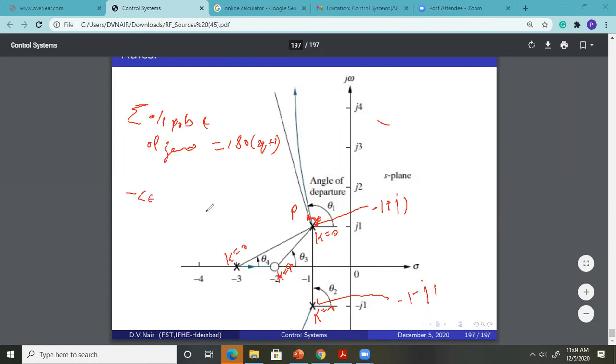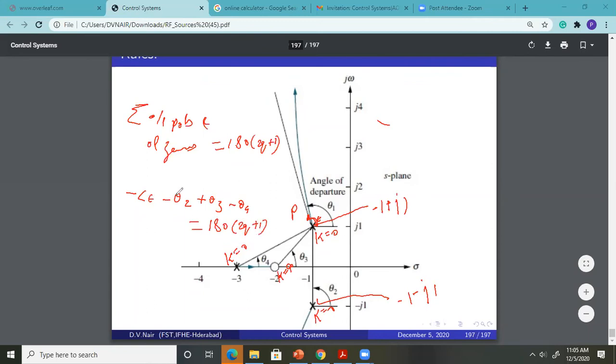What will be the angle made by this pole with P? I will take that as minus theta 2. What will be the angle made by this zero at P? It will be plus theta 3. What will be that of this pole at P? It will be minus theta 4. And the sum of these angles will be equal to an odd multiple of 180 degrees.